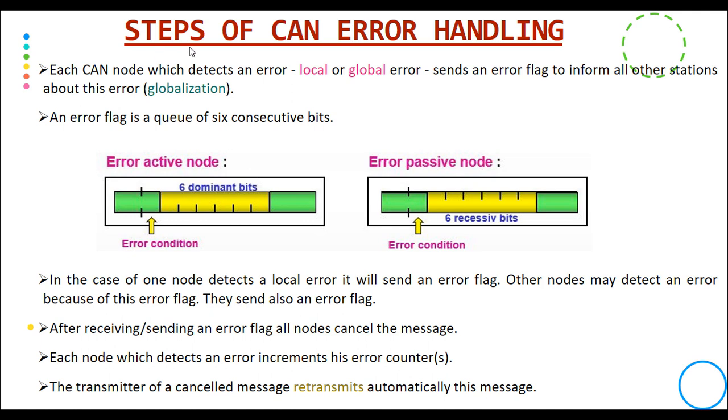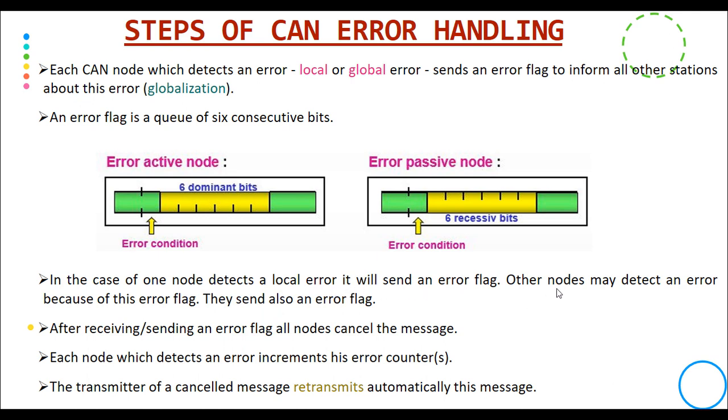So these steps that CAN uses for error handling are demonstrated in this slide. Each CAN node which detects an error, which can be either global or a local error, sends an error flag to inform the other stations about their error. An error flag is basically a queue of 6 consecutive bits, either dominant for an error active node or 6 recessive bits for an error passive node. So in case of a node detecting a local error, it will send an error flag.